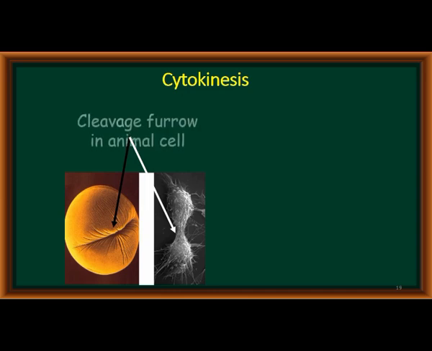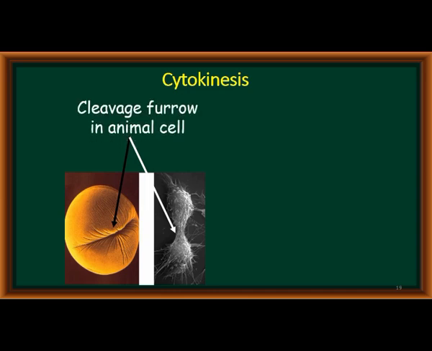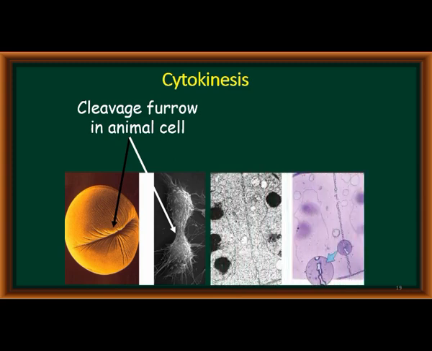So this is the cleavage furrow in the animal cells, which is formed during cytokinesis. And these are the cell plates which are formed in plant cells during cytokinesis.